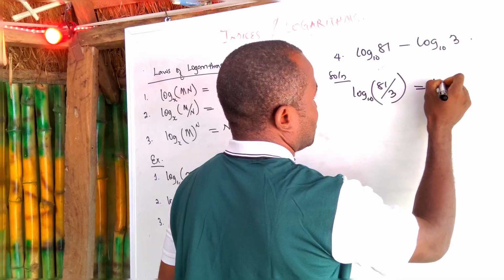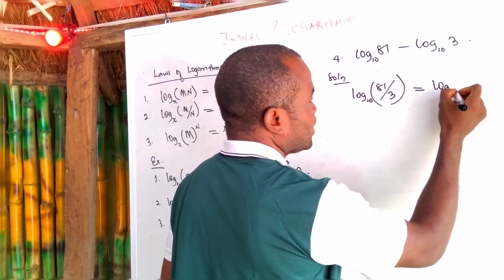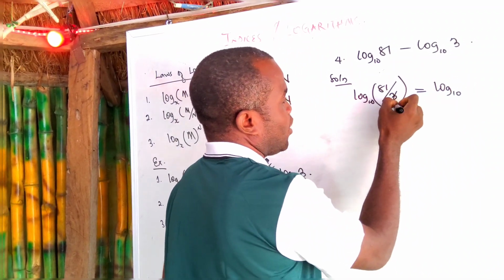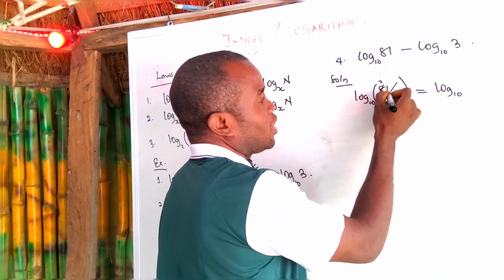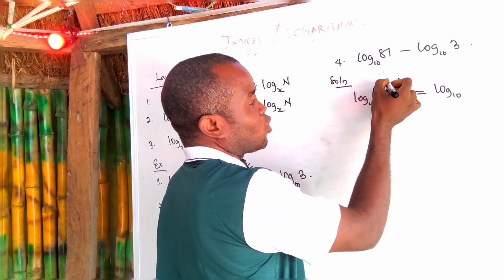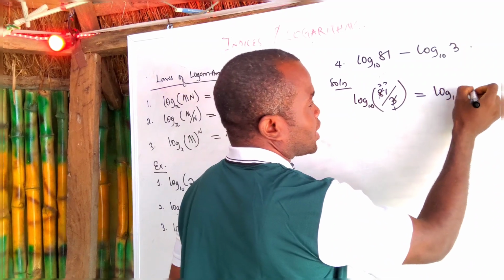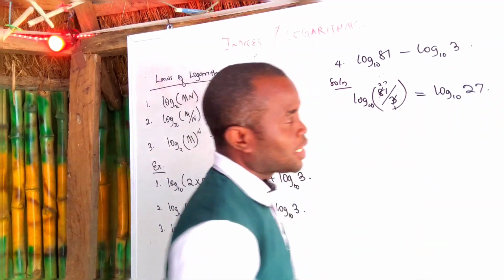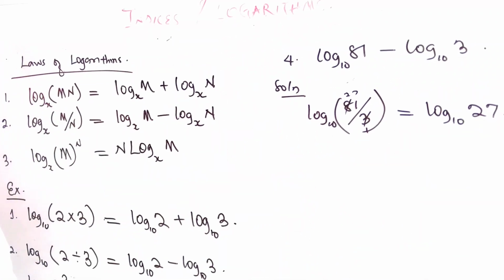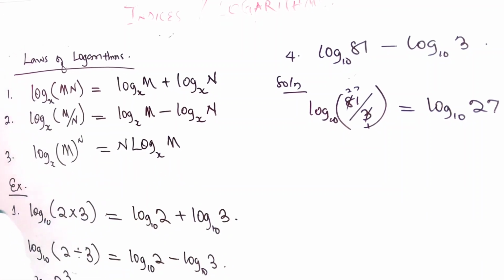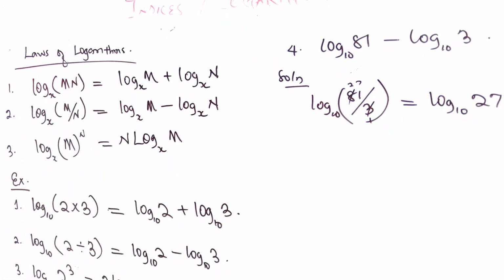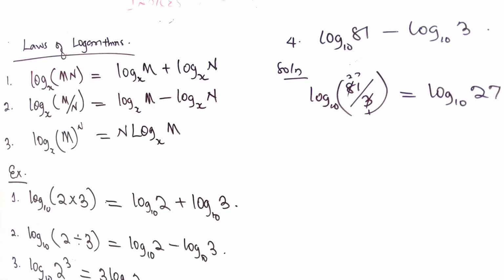So this is log base 10 of 27. Because 3 into 8 goes 2, you left 2, bring down the 1, that's 21, that will be 7. So log base 10 of 27, straightforward. Can you simplify that further?